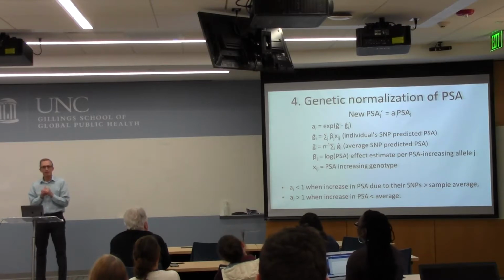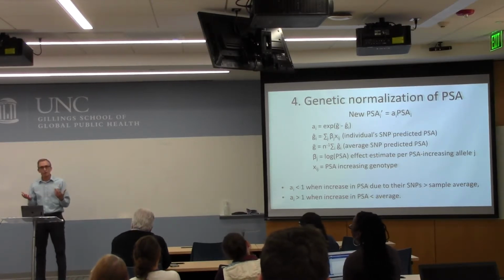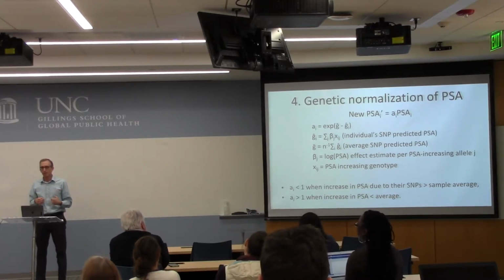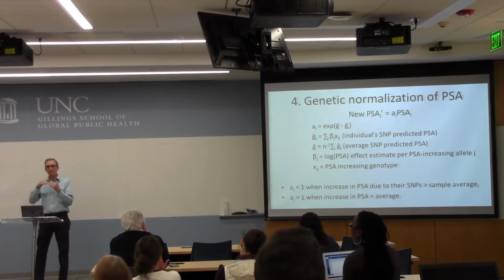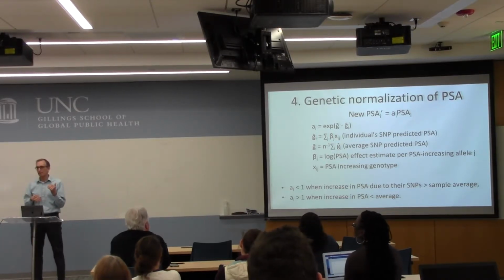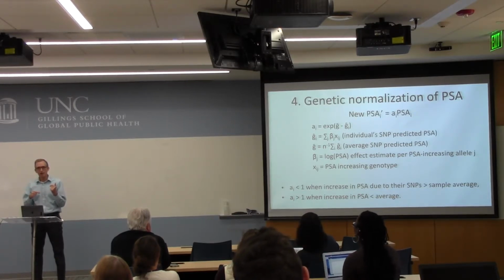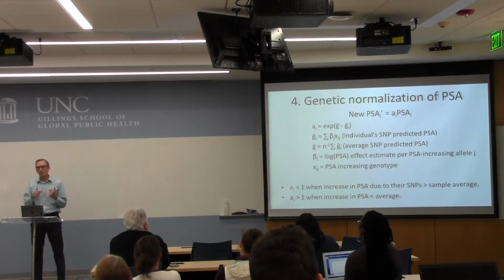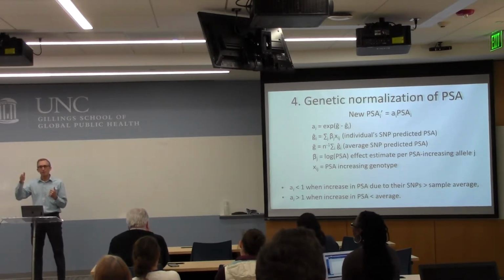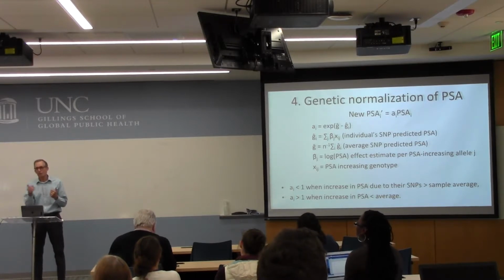All right, so let's say my PSA is 3, and then we would look at my germline genetic variants, see whether I'm predicted to have a higher or a lower PSA level than the mean, and adjust me based on that. So if I have an inherently high PSA level, we're going to pull my 3 down to like a 2.5. Because let's say the threshold is 4, we're going to say, you know what, you're not as close to that threshold because you just produce high PSA levels.